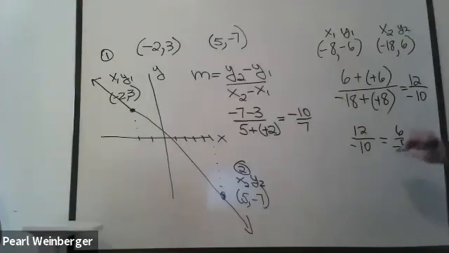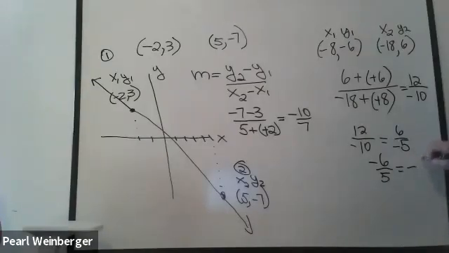Right, so that becomes 6 over -5. You could write that as 6 over -5, you could also write it as -6/5 because it doesn't matter if the minus is in the bottom or on the top. Or you could just write the minus in front of the whole fraction. These all mean the same thing, and they're all acceptable.